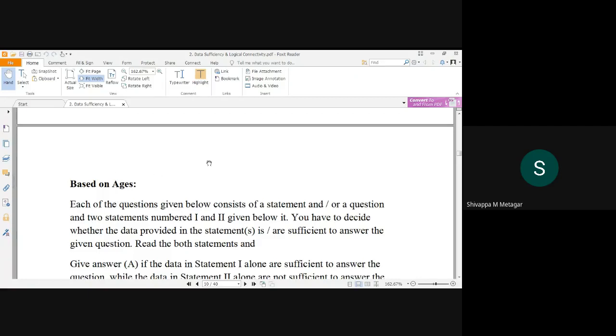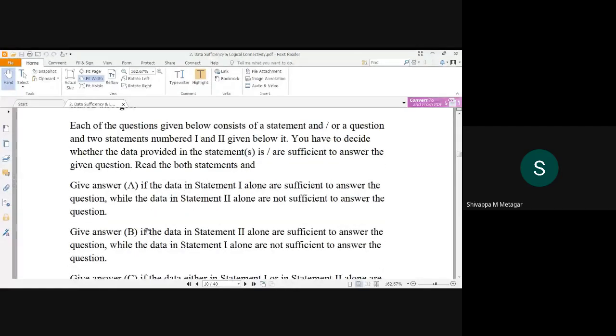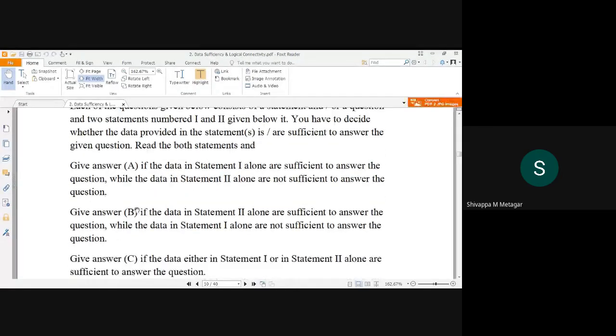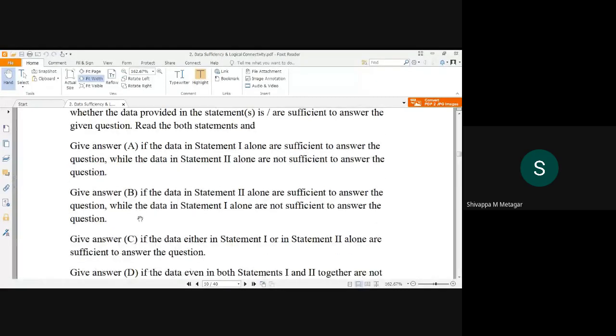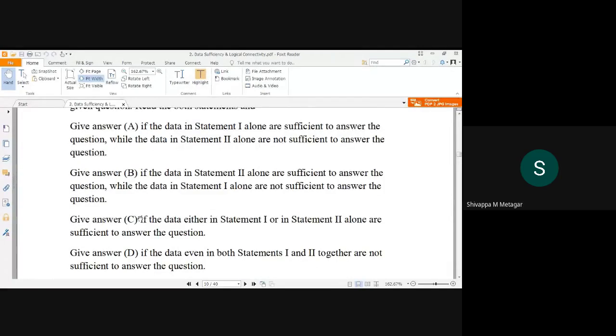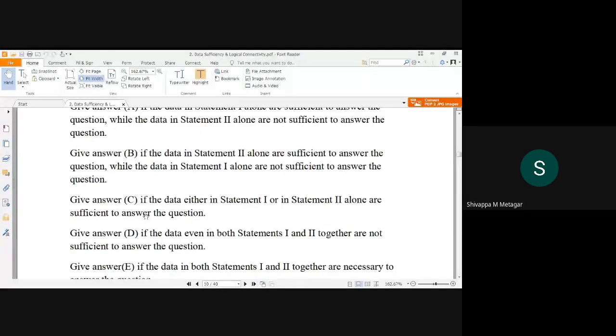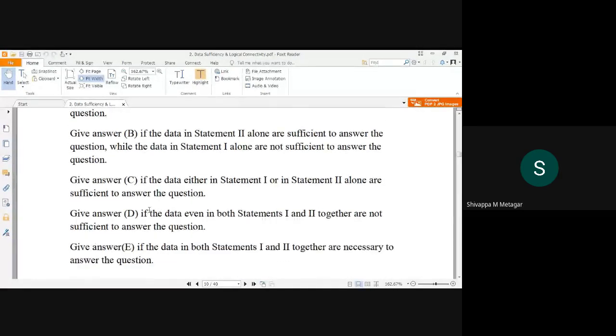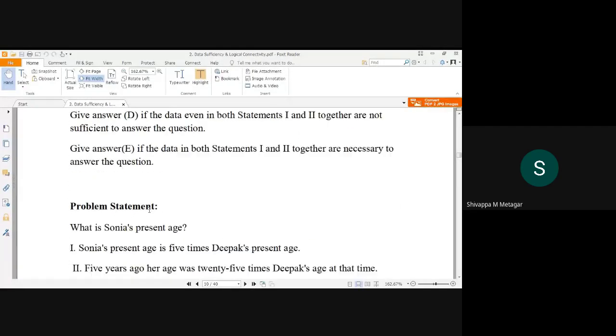They will give 1 question and 2 or more statements, and based on the given statements we have to answer the question. The options are the same, total 5 options, and based on that you have to calculate the answer for the given question.